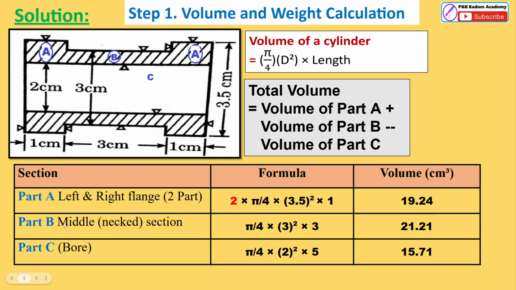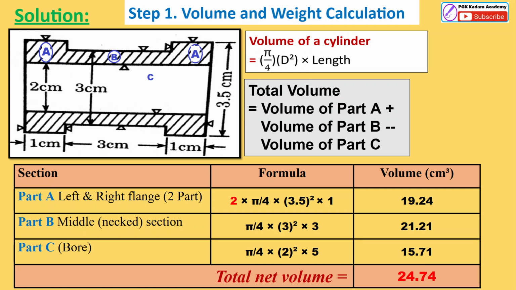Similarly, we have to find out the volume for part B, the middle neck section, pi by 4 d square into length. Then part C, pi by 4 d square, volume 15.